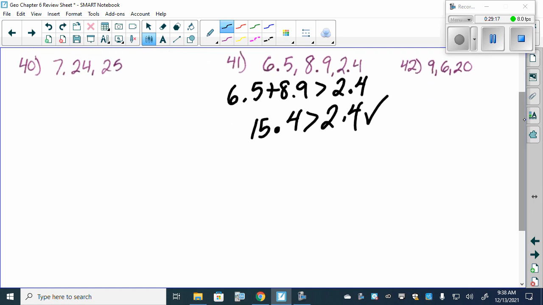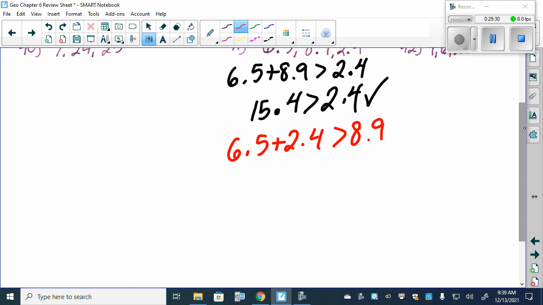Let's switch two of them. Let's switch the 8.9 and 2.4. Is 6.5 plus 2.4 greater than 8.9? 6.5 plus 2.4 is 8.9. Is 8.9 greater than 8.9? No. So can this be a triangle?